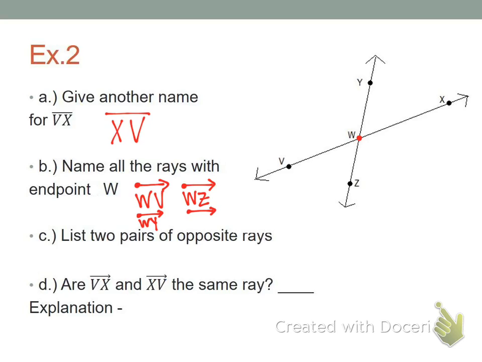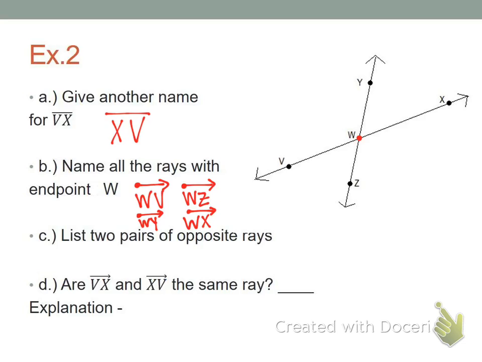WY, WX, WZ, and WV. It's important that you start with W every time. It's got to start with W. If you were to start with any of the other letters, you're talking about a different ray, not one with an endpoint at W.